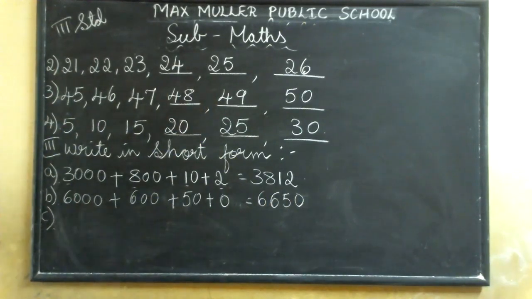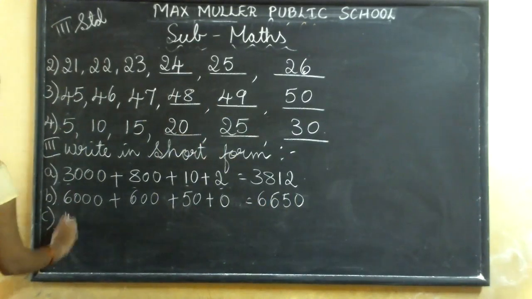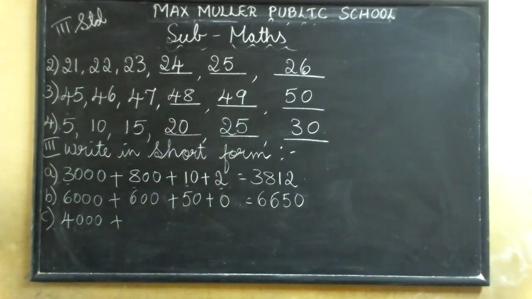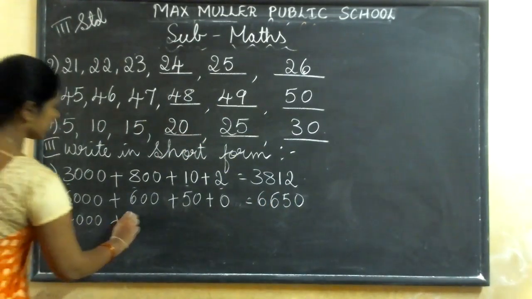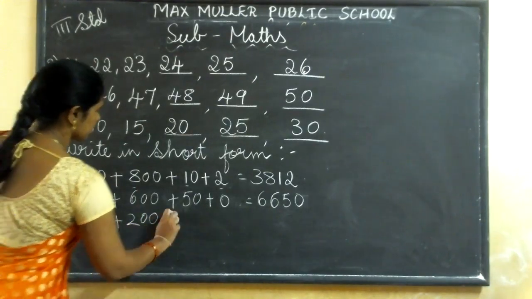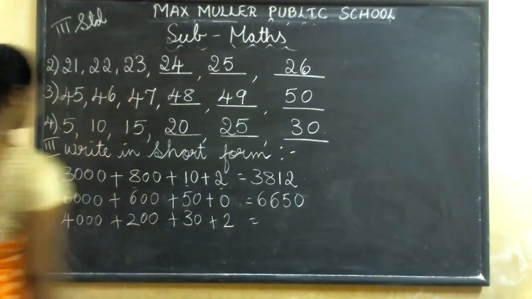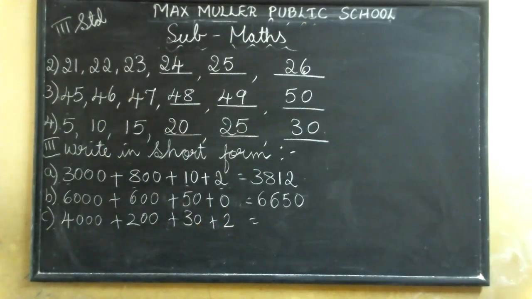Third one: 4,000 plus 200 plus 30 plus 2. 4,200 plus 30 plus 2.